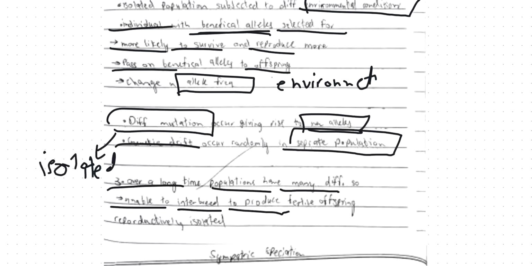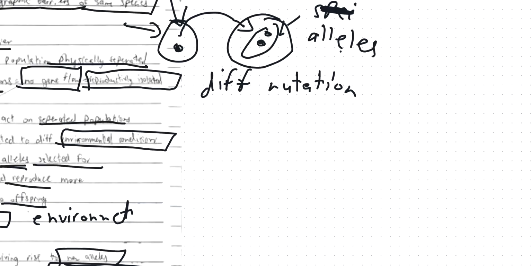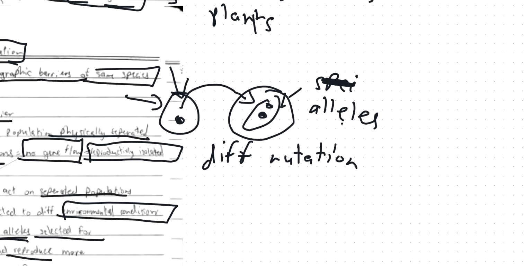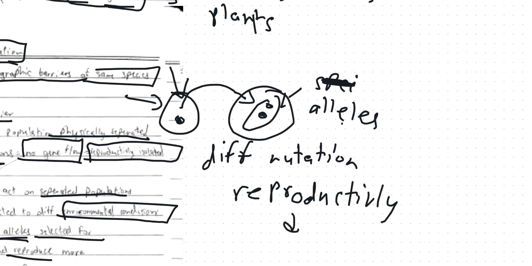And when these two species are reproductively isolated, this will cause speciation. So the moment that species have different reproductive mechanisms, they'll have speciation. So yeah, this is allopatric speciation.